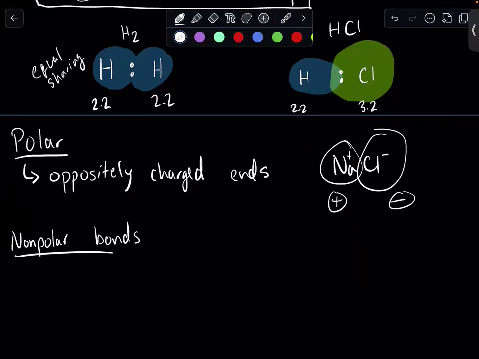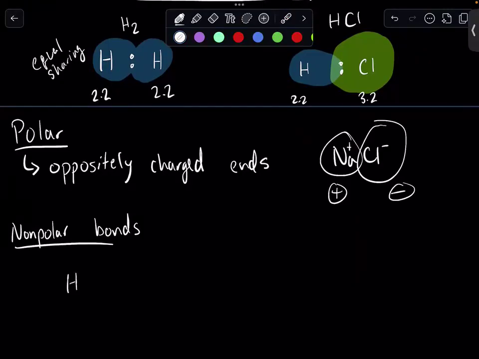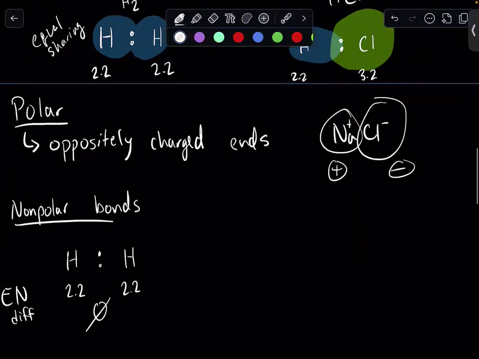So when we look at nonpolar bonds, and we go back to our hydrogen example with those evenly shared electrons, we can look at the electronegativity difference, which between 2.2 and 2.2, the difference is 0.